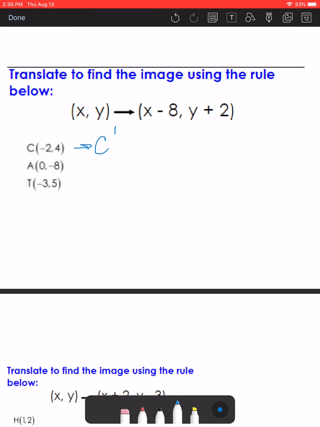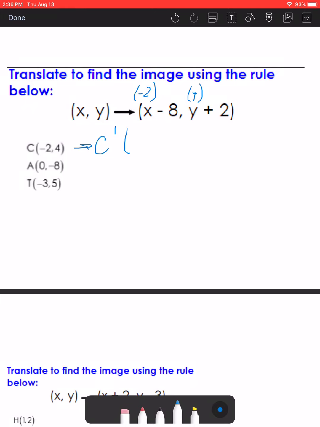So now how do we get the C prime point or the image point? Well, what we're going to do is take -2 for this x value in C and put it in for x in here. And we're going to take the y value of 4 and put it in for the y value in our rule.